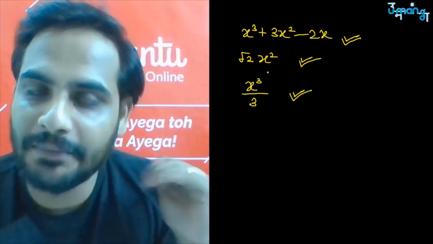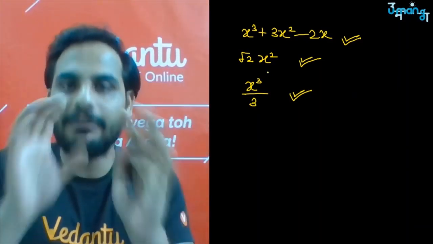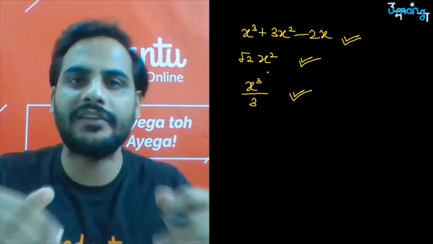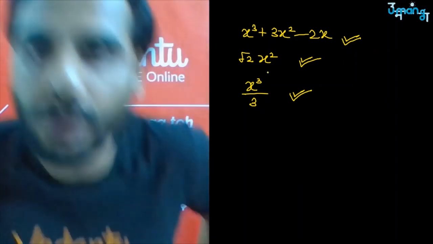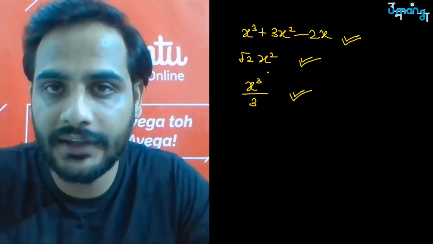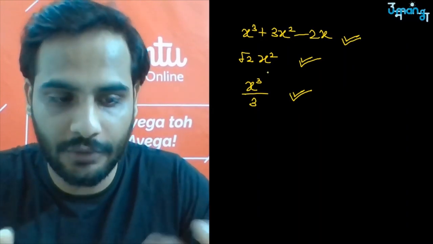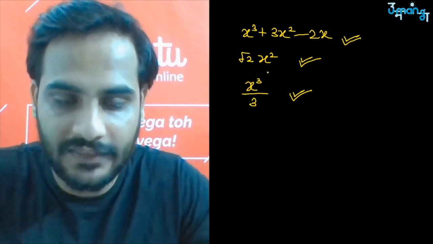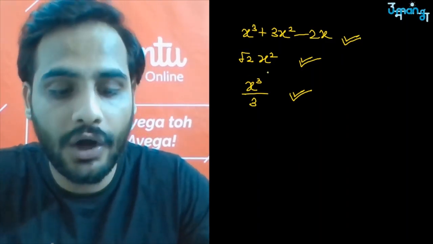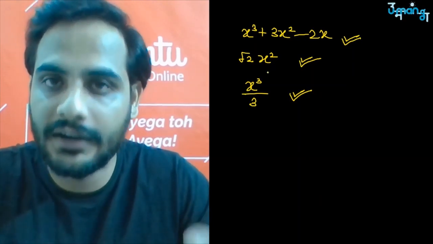The number can be in the denominator, no problem, but for x cube, the power of the variable is 3, which is a non-negative integer, or a whole number. That is the most important thing to keep in mind when talking about polynomials. Power should be a whole number, that means power cannot be negative or a fraction, and the second thing is the variable should not be present in the denominator.